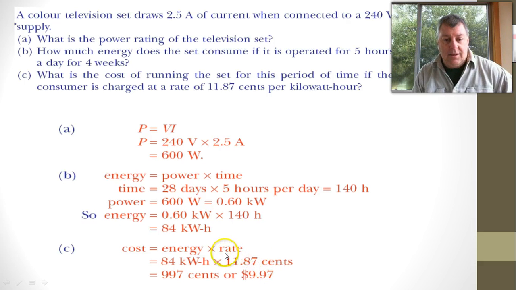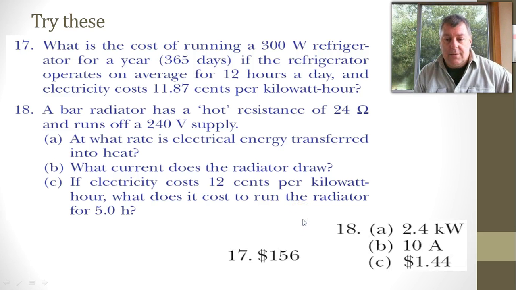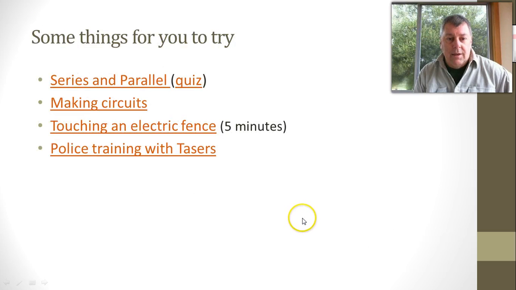But recognizing that the current rate is twice that, it's actually $20 or so if we were to do that calculation today. So you're going to have these questions sitting on your OneNote for you to do, just to get an idea of how to do these questions. Once you get them, they're pretty straightforward. Just got to look out for those little traps. And the answers will also appear on the OneNote.